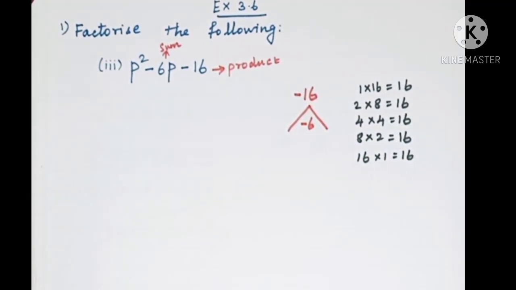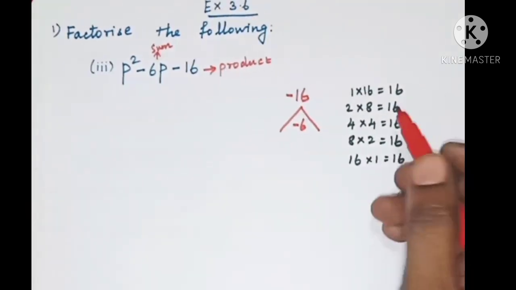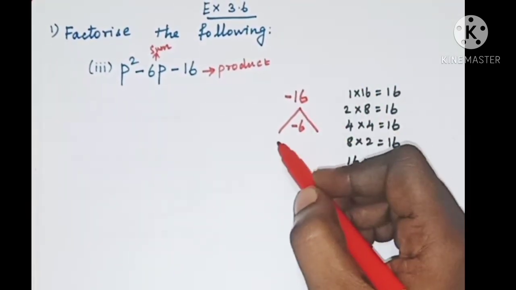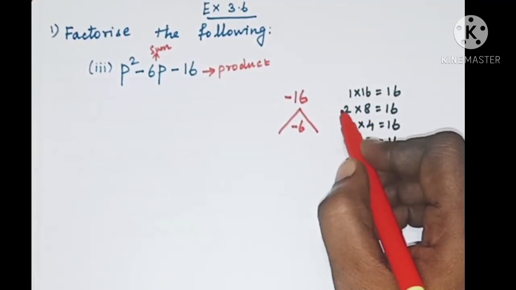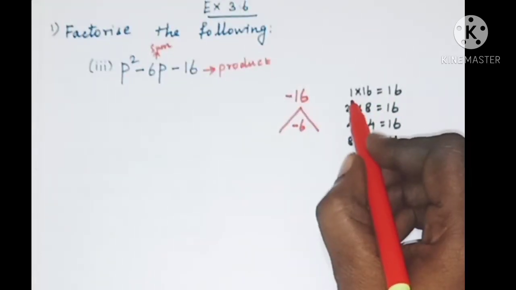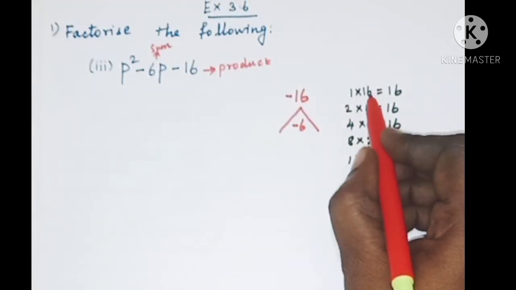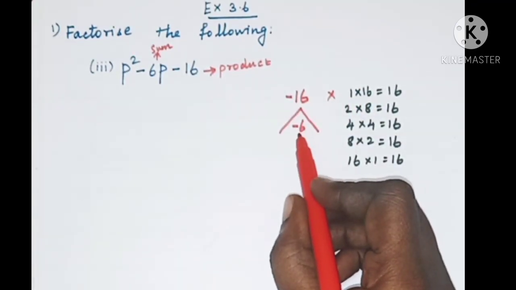So from these numbers we have to identify which two numbers are the factors of 16, and by adding or subtracting the two numbers we should get 6. So 1 into 16: 1 plus 16 is 17, 16 minus 1 is 15. This is not the possibility because we should get 6.